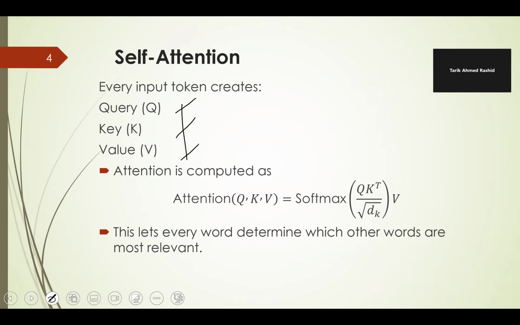Attention is computed as softmax of QK transpose over the square root of dk, multiplied by V. We need to find the word and the relationship of the word with other words, which is very, very important.